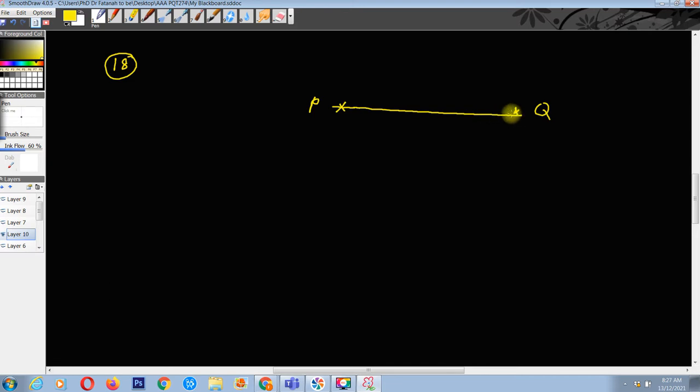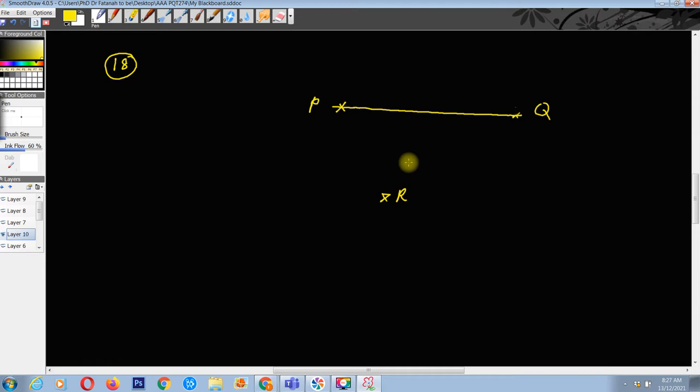From the 2 points, we will get a line. That is the definition for a line. If we have 2 points, we have a line, and then we have another point, R.